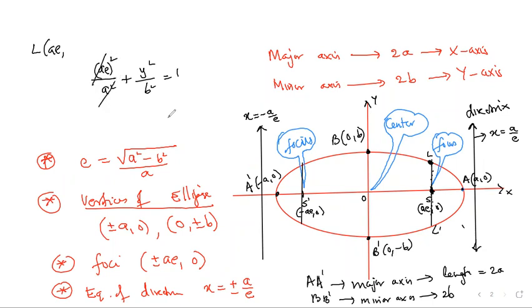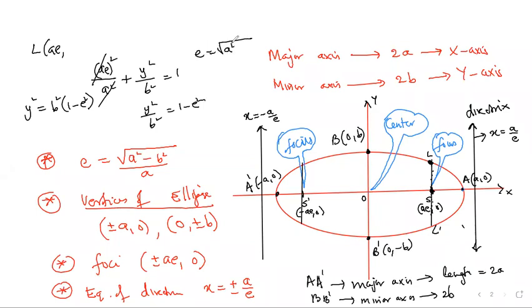So A square will get cancelled. Y square upon B square will become 1 minus E square. So y square will be B square into 1 minus E square. But this E square, you can replace it by our formula. What is E?